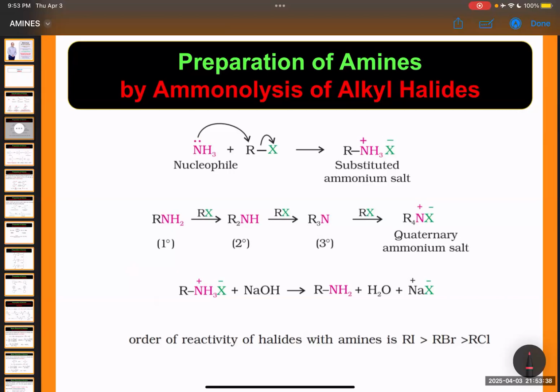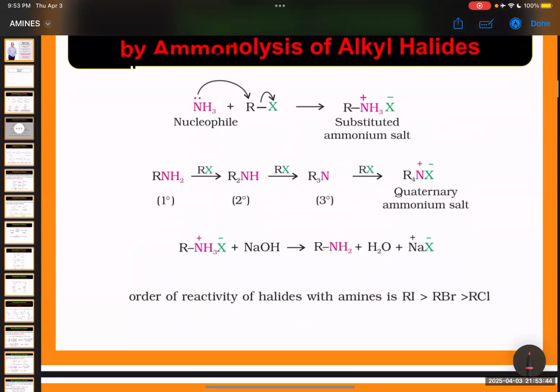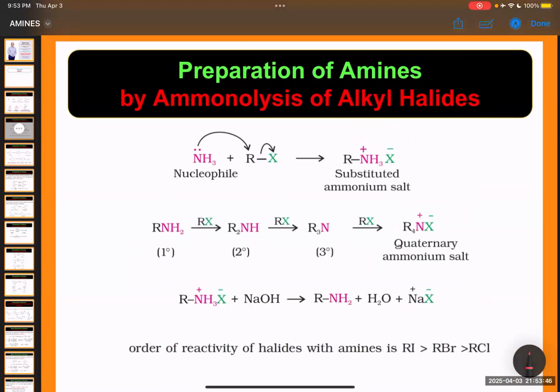Preparation is the planning for preparation. You just need to know that you need to put an NH2 group on the alkyl group. I hope you are getting my point. You are putting an NH2 group on an alkyl group.